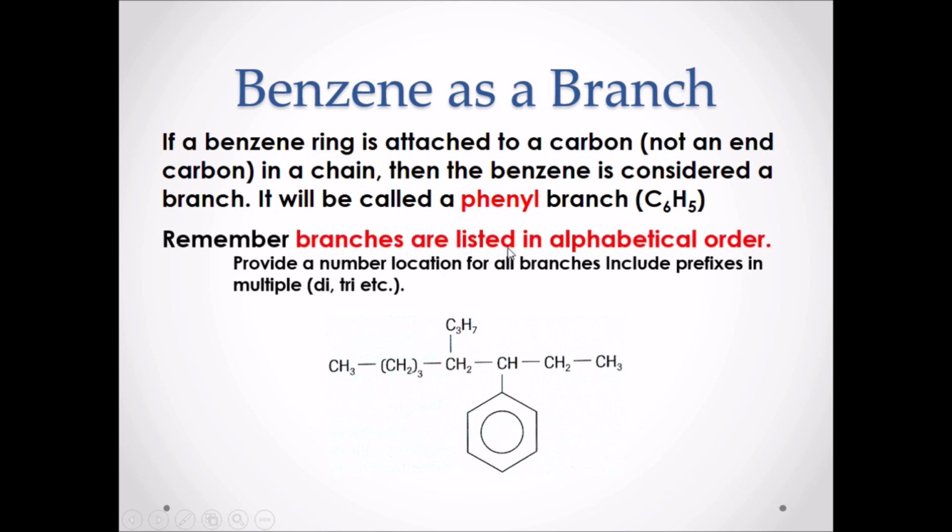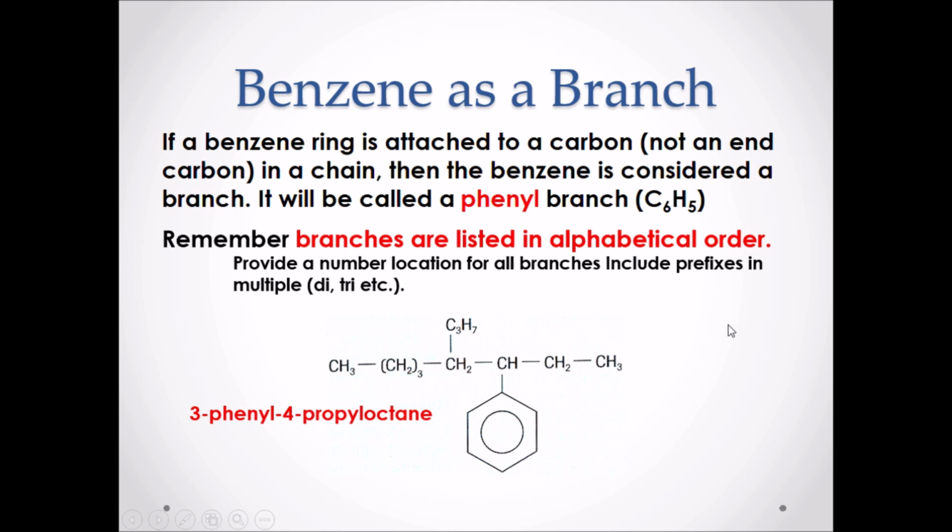Remember, branches are listed in alphabetical order. Provide a number location for all branches. Include prefixes if there's multiple, for example, di and tri. The name of the molecule below is 3-phenyl-4-propyl octane.